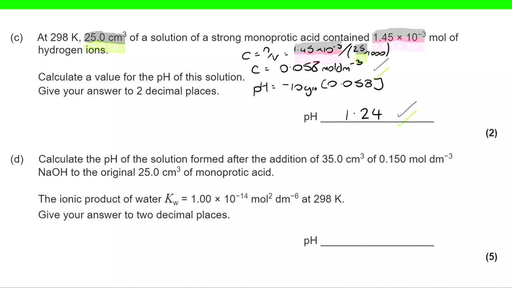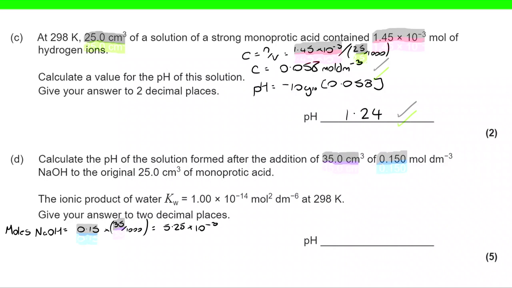On to part D, and there's quite a lot to this. It's a 5 marker. pH of the solution after the addition of 35 cm cubed of 0.15 mol dm to the minus 3 NaOH. So we're still going to have to use information from part C. Now the first thing to do is work out how many moles of NaOH I've added.